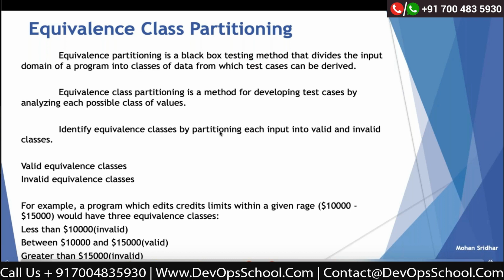Equivalence partition is a method for developing test cases. Each partition is divided into a valid equivalence class and an invalid equivalence class. So we have seen both valid and invalid.